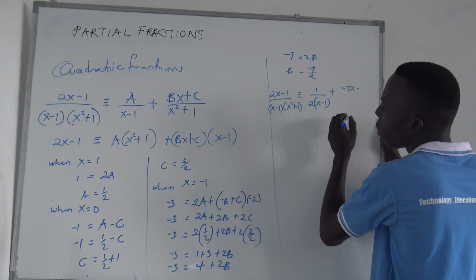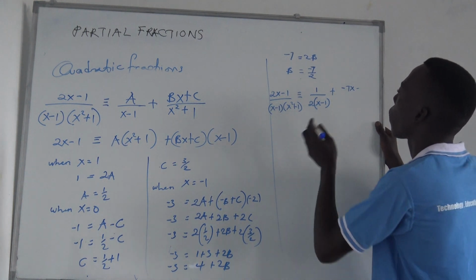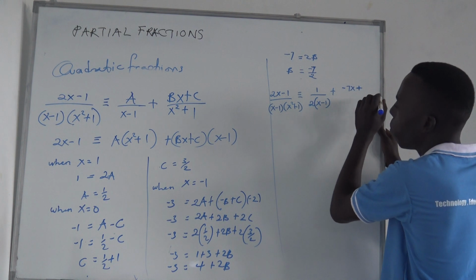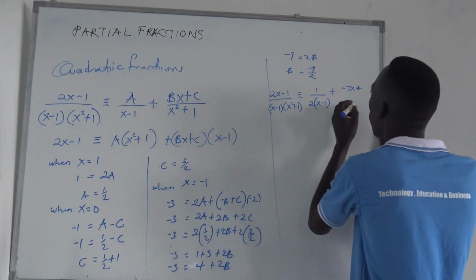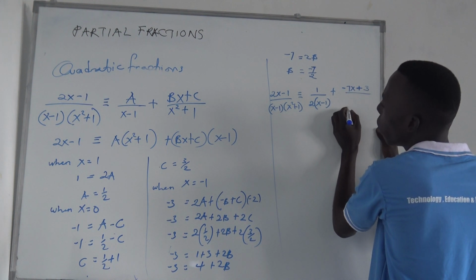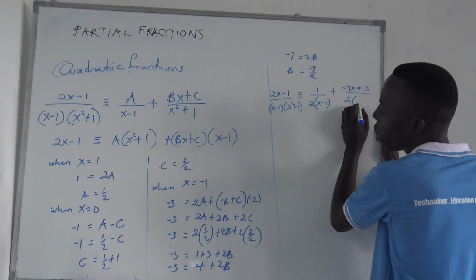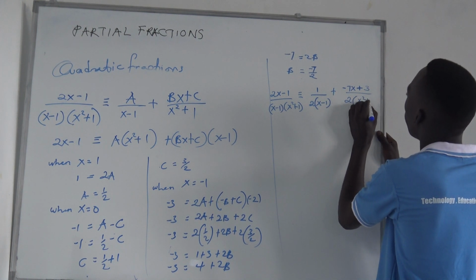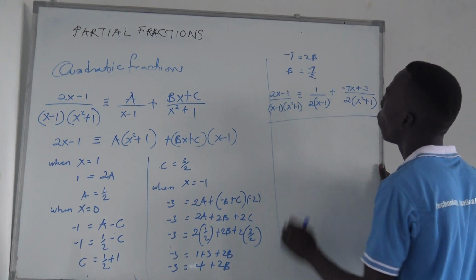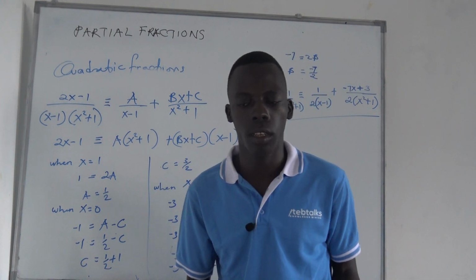Then, since all of them are out of 2, we just add the numerators and divide by the common denominator, plus 3 out of 2, over x squared plus 1. By doing this, that's how you can express the partial fractions of that question.